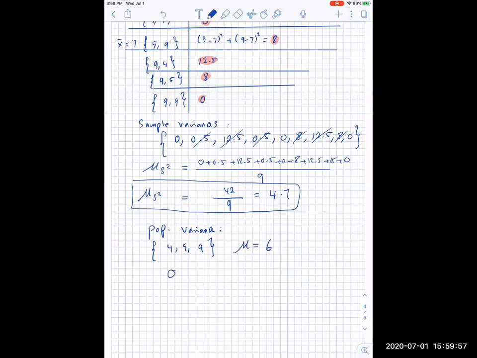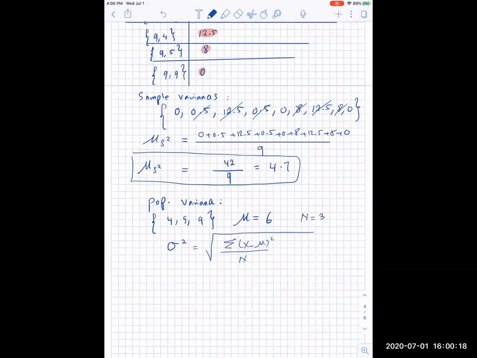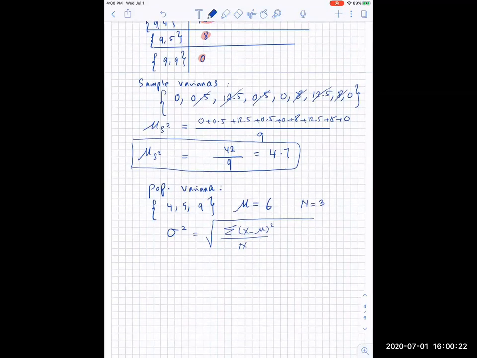So what is the population variance? Remember, the population variance is the sum of x minus the mean squared over the population size. Population size is 3. Not the square root, guys, just the sum. Correction, because the square root will give us the standard deviation.